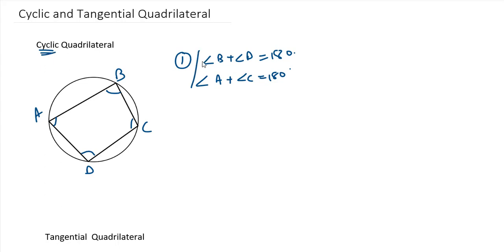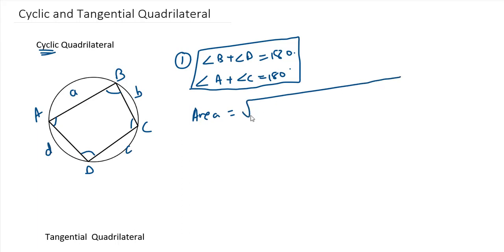Okay, that the opposite angles are supplementary. In other words, their sum will be 180 degrees. The area of a cyclic quadrilateral is given by, let's say if length of this side is a, this side is b, this is c, this is d, then the area will be given by square root of s minus a into s minus b into s minus c into s minus d.